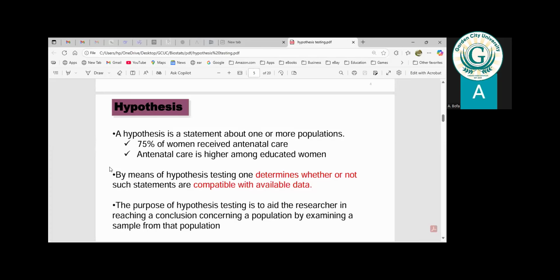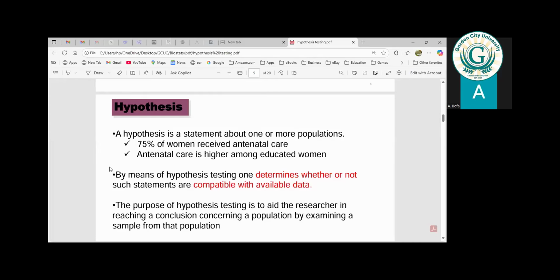So what you can do is make good use of hypothesis testing. You can now test your hypothesis based on the information that you have. That is what we are going to do today.